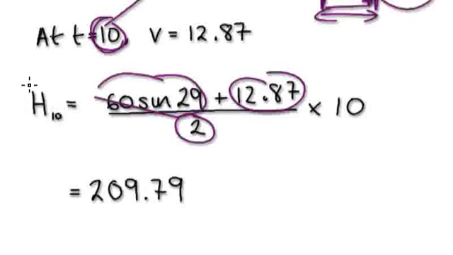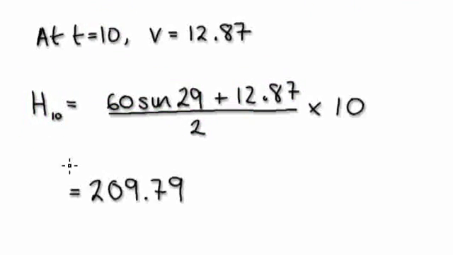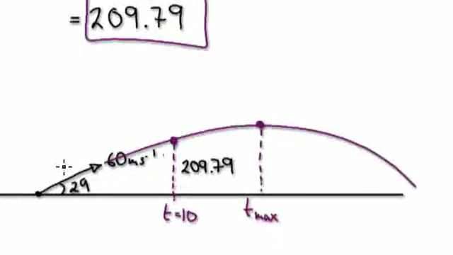So the height, h10, the height at 10 seconds. You're allowed to invent your own symbol here. I've invented h, and this 10 represents at 10 seconds. So height at 10 seconds is given by this. t max is here, t10 is here, and the height is given by this.